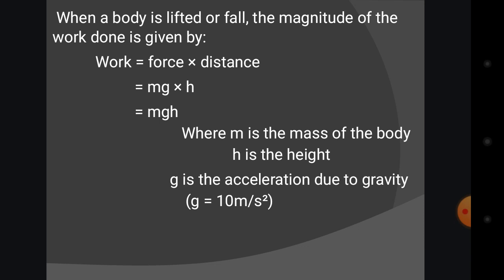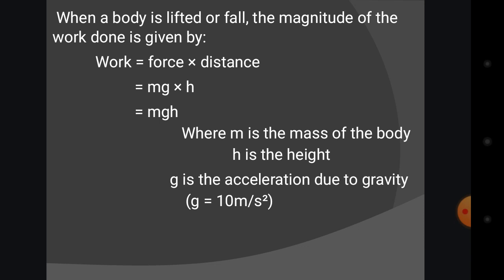Then the distance is the height of the object, whether you are trying to lift it or that object or particle is coming down. That is the distance, the displacement between them, that is the height.